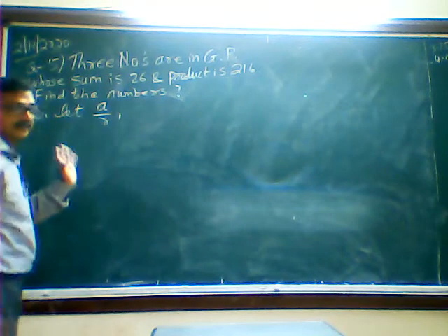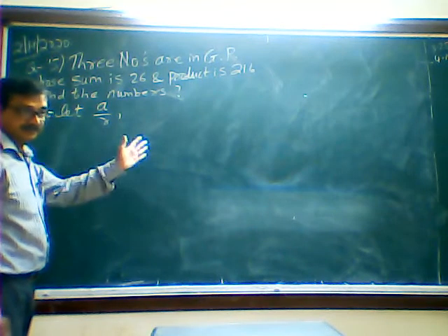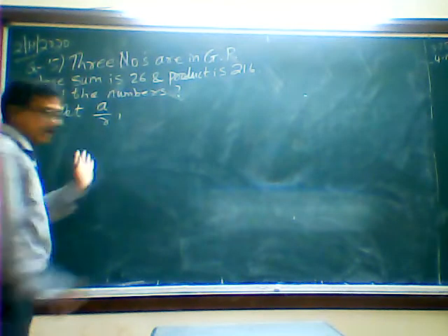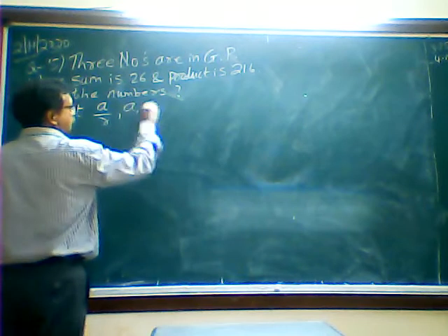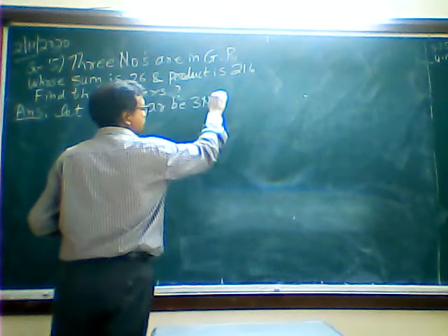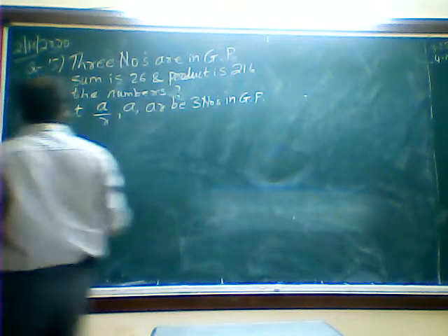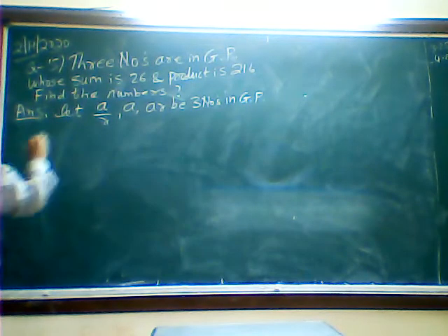How we have done in arithmetic progression, A minus D, A plus D, that way here A upon R, comma A, comma AR be three numbers in GP.